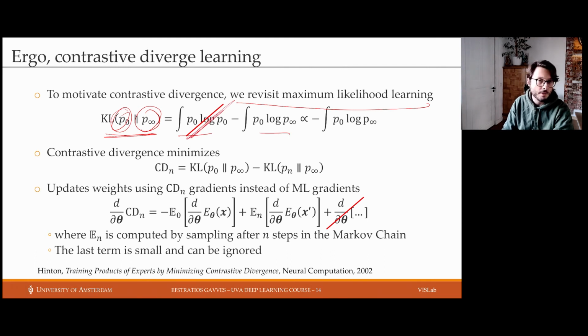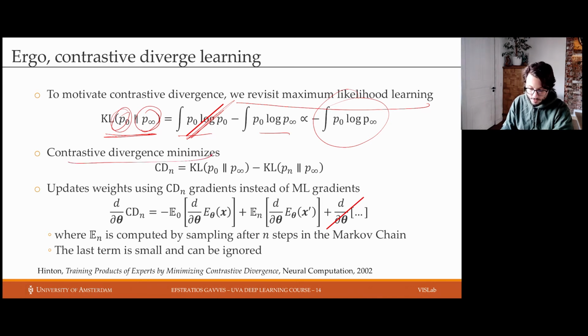The first term doesn't depend on our model parameters, so when we're optimizing, we can consider it constant, and because it's constant, it doesn't count for the optimization. So we end up only with the second term.